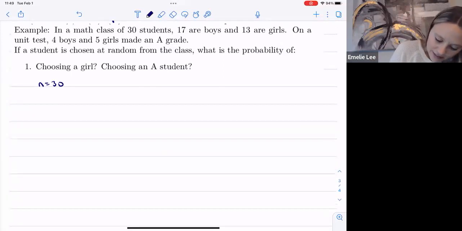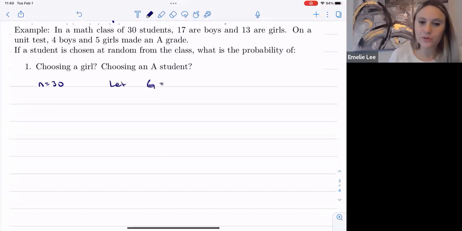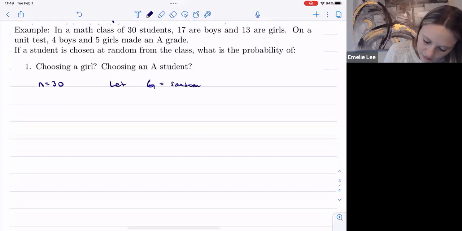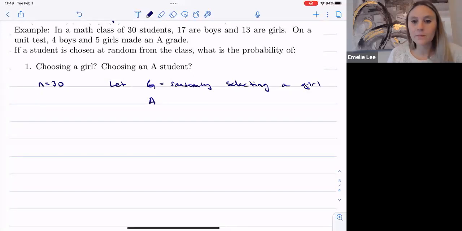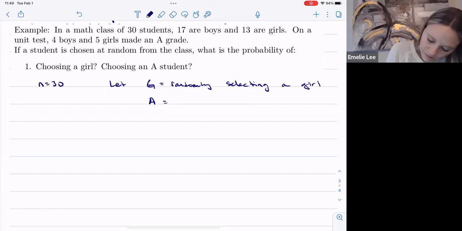So if we let G denote randomly selecting a girl, and I'm going to let A denote randomly selecting an A student.